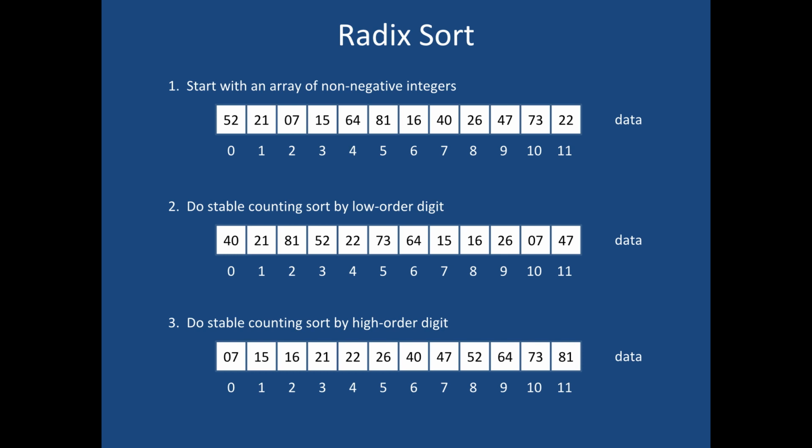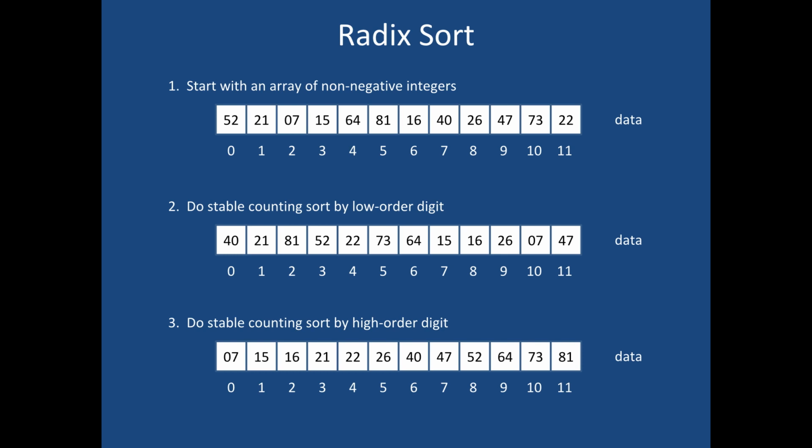How can sorting by low order digit and then sorting by high order digit be guaranteed to give you an overall sorted array? Couldn't the second sort mess things up? Yeah. Counting sort is a stable sort, so it will never scramble the earlier digits. It's a stable sort, and so for any ties, the original order of the ties is going to be preserved.